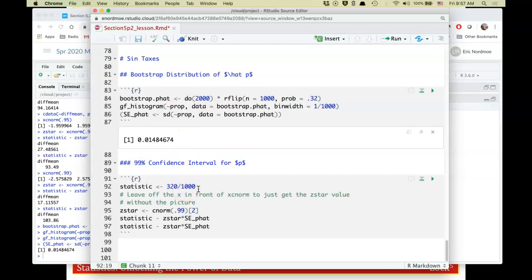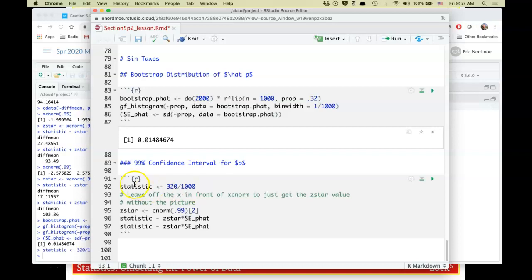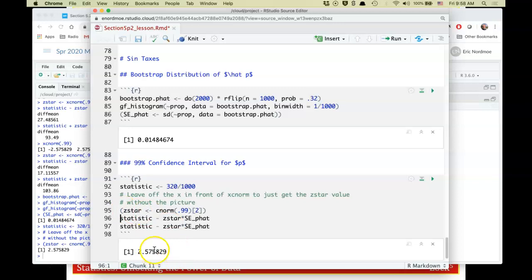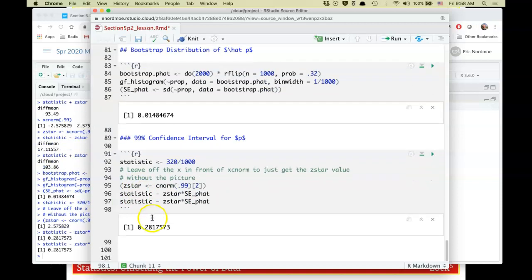So then we can use our statistic. Our p hat is 320 over 1,000. I just wanted to call it statistic to parallel things with what we have up above. Z-star, we can get, so I said in the comment that we're leaving off the x because all we really want is the multiplier, and I'm grabbing the value in the second place, so I want the positive value, and I put the parentheses on so when you run it you're just going to get the output, and then the statistic, the upper and lower.